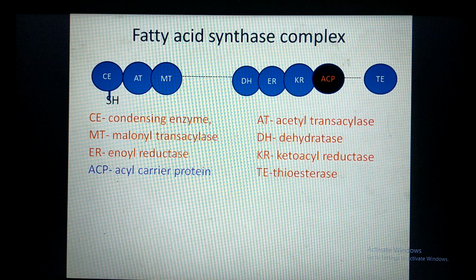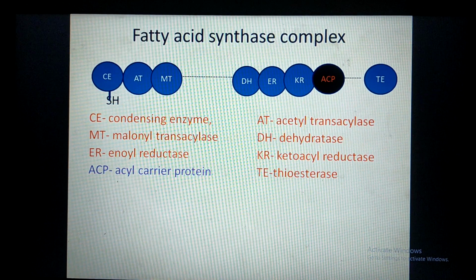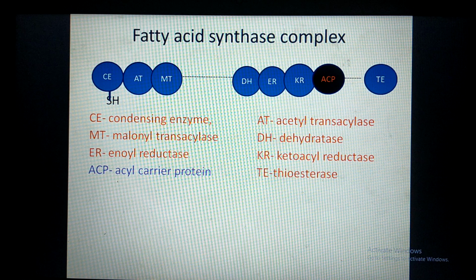It has all 7 enzymes and all 3 domains. But this single subunit of the fatty acid synthase complex cannot synthesize a fatty acid, because just now what I have told you, the condensing domain of one subunit and the reduction and releasing domain of another subunit synthesize one fatty acid. So a single subunit is inactive.